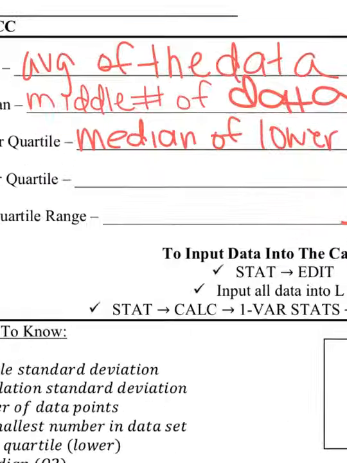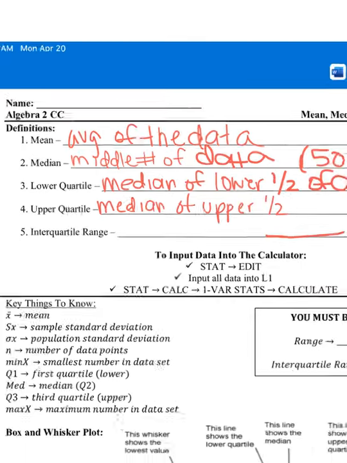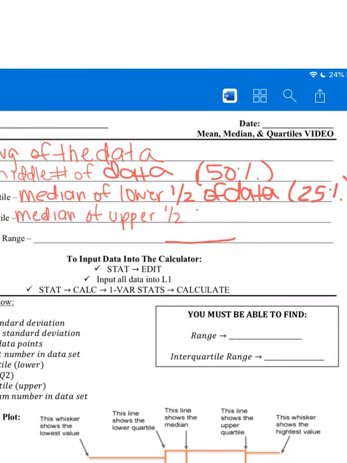The upper quartile, as you can imagine, the upper quartile is the median of the upper half of the data. And you guessed it, that would be 75%.